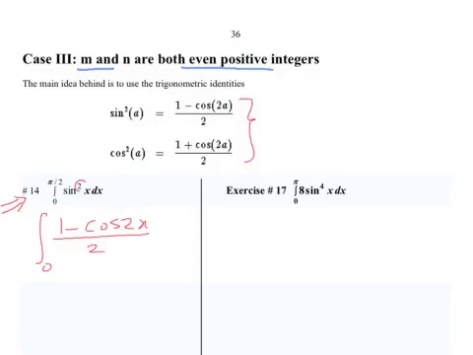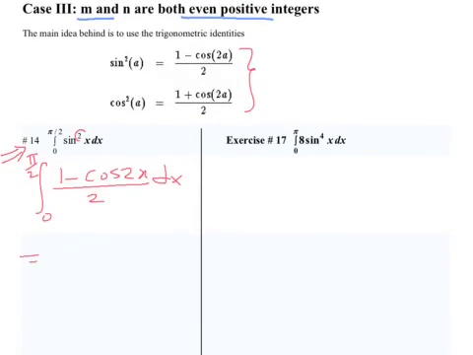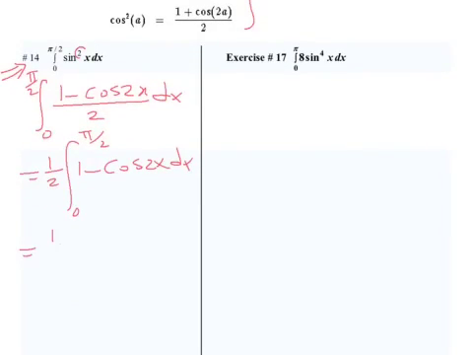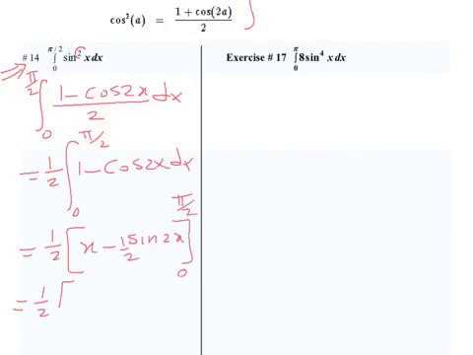So we have integration from 0 to pi over 2 dx, and you can integrate this very easily. You can bring the half out, so you have the integration of 1 minus cosine 2x dx from 0 to pi over 2, which can be integrated simply as x minus sine 2x divided by 2 from 0 to pi over 2. Now replace the pi over 2 minus the 0.